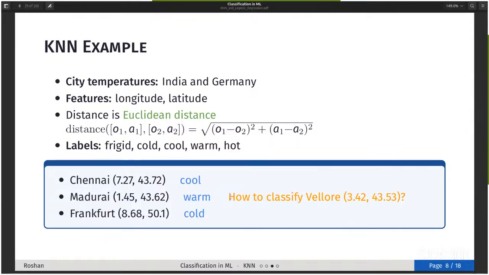Now I have another city, Velur, and that comes with this longitude and latitude. How do I classify this city? What do we do? Can anyone do this calculation? Okay, so you have something like this. You have to do this operation. You have to do this for each pair. So Velur Chennai, Velur Madurai, and Velur Frankfurt, and see where the distance is lowest among these three. Can anyone calculate and tell me fast?